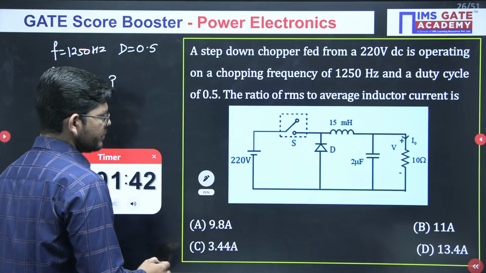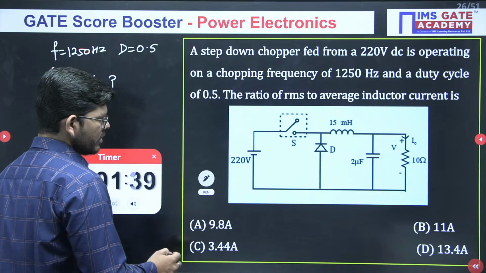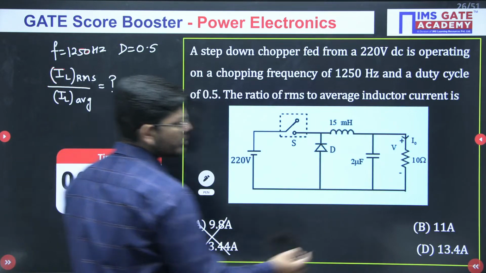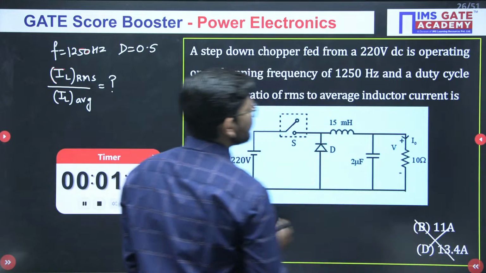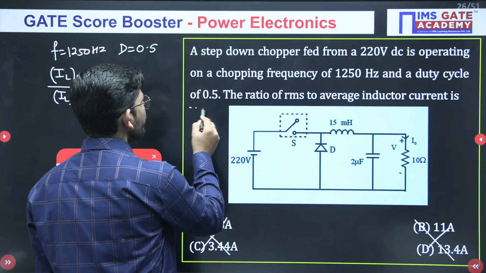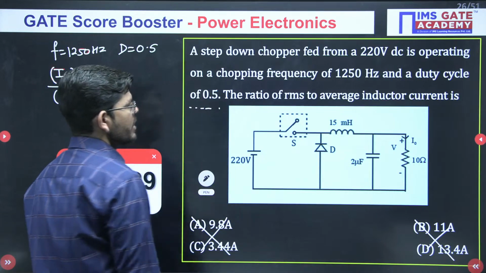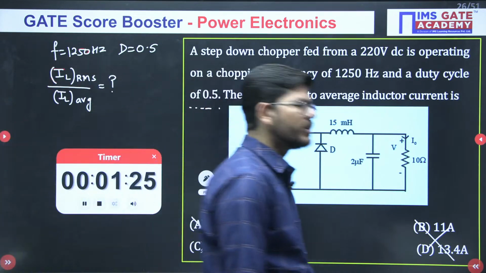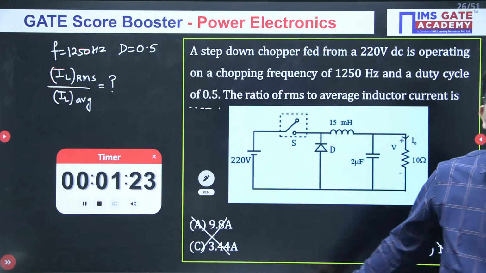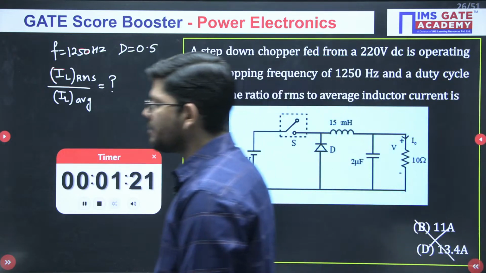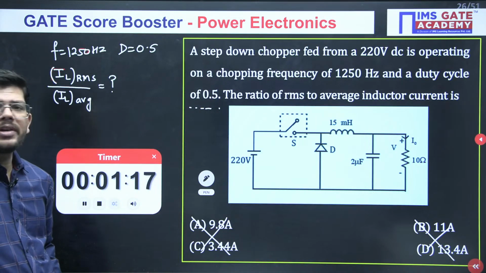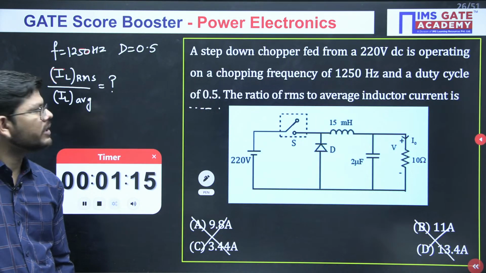And guys, don't focus on these options. This is an NAT type of question, and you have to give the answer. There will not be any option among these, this is a typing mistake. So you have to give an answer. What could be the possible answer?